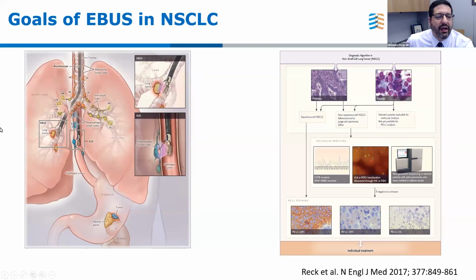You can see a couple areas that the EBUS bronchoscope doesn't get in blue: paraesophageal nodes, inferior pulmonary ligament, left adrenal gland, that you can get with an endoscopic ultrasound, which can be complementary. But really, the workhorse is primarily the EBUS bronchoscope, particularly in the US.